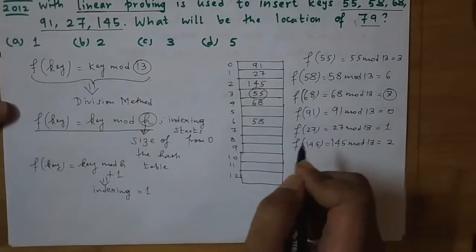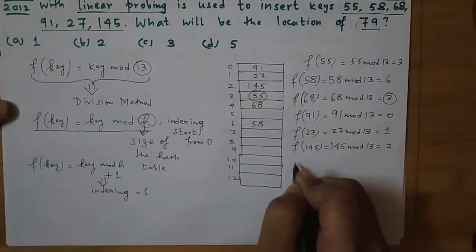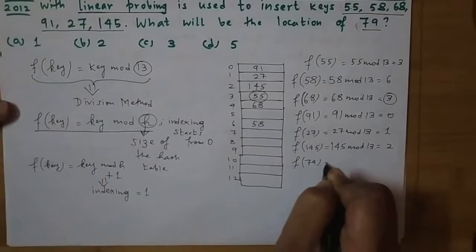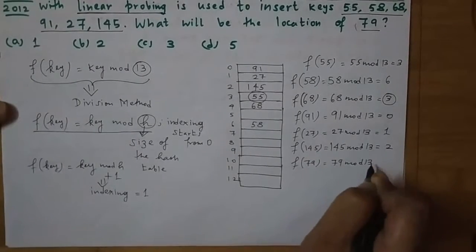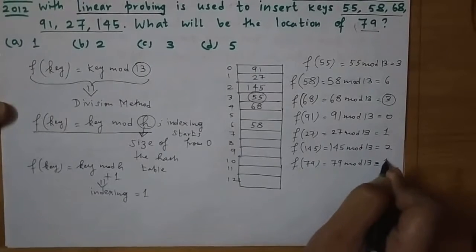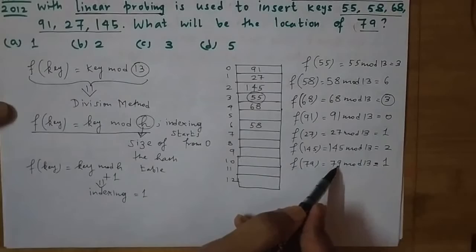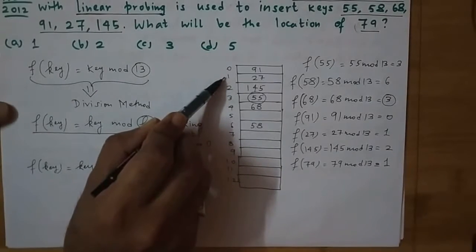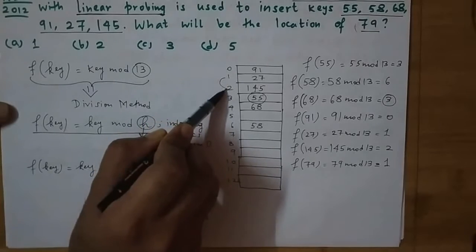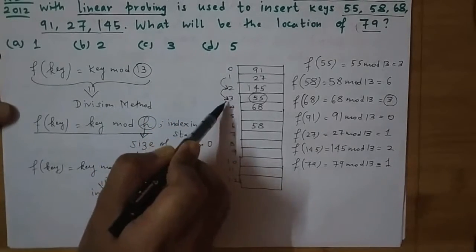Next we have to check for 79. f of 79 will give me 79 mod 13, which comes to be 1. Now this is interesting. 79 mod 13 has given me 1, but location 1 is occupied. So using linear probing we move to location 2. Again, location 2 is occupied. Use linear probing, move to location 3.